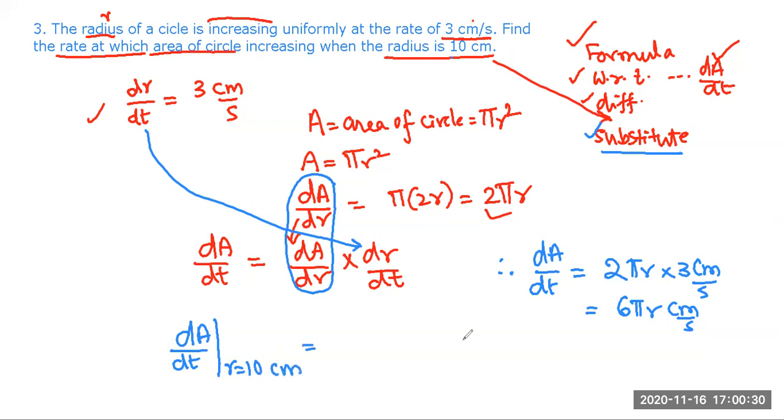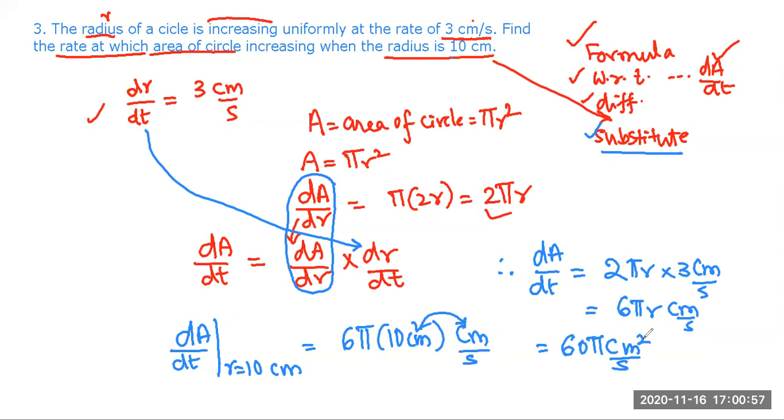So we substitute: 6 pi times 10 centimeters multiplied by centimeters per second, so centimeter becomes centimeter square. You get 60 pi. You don't have to multiply, you can leave it in terms of pi. Centimeter square per second. This is the final answer for question number 3.